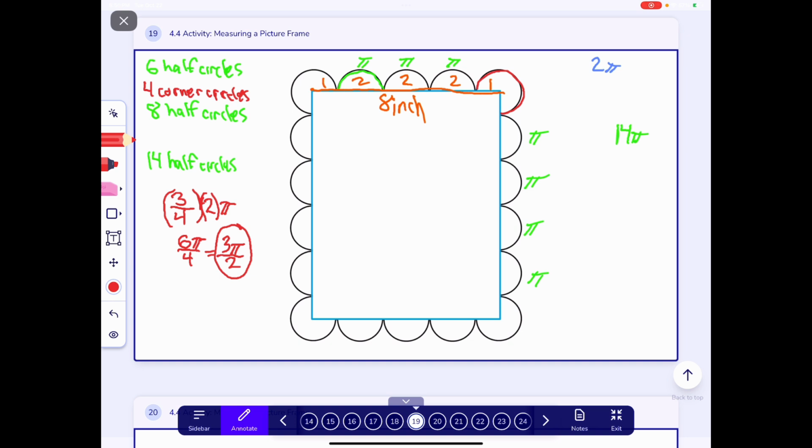So we need 4 times 3 pi over 2, and that would be 6 pi. So all of the 4 corners is 6 pi. That's the perimeter, 6 pi.